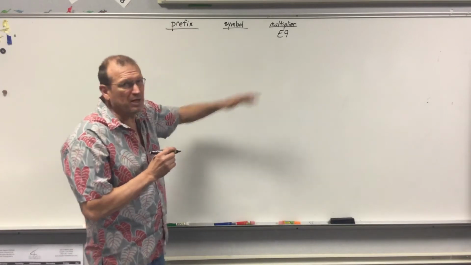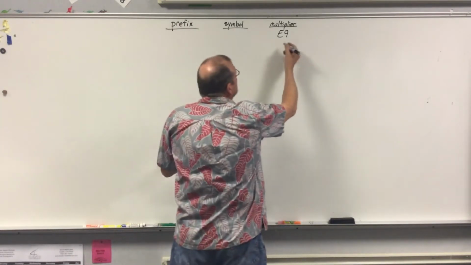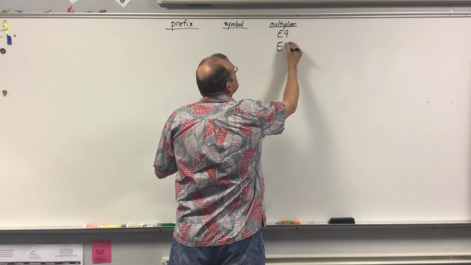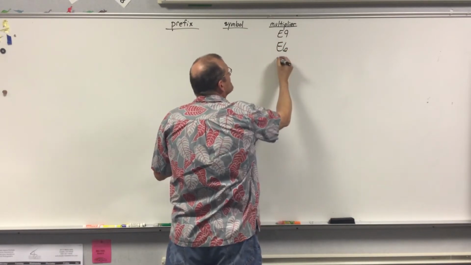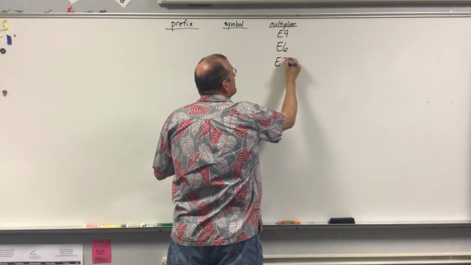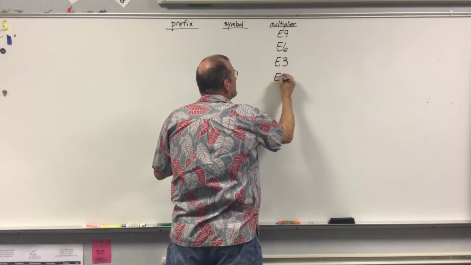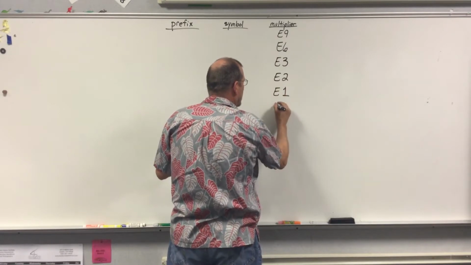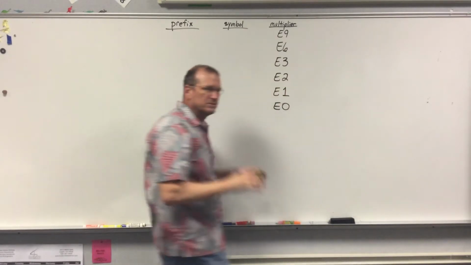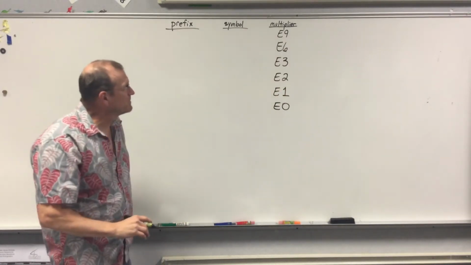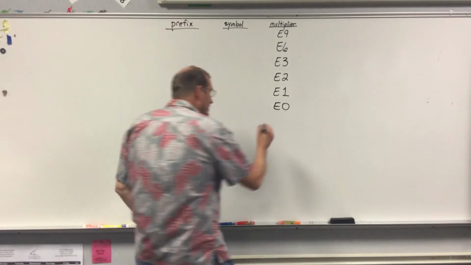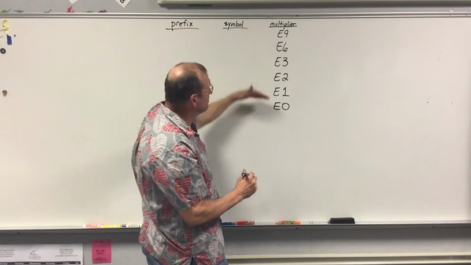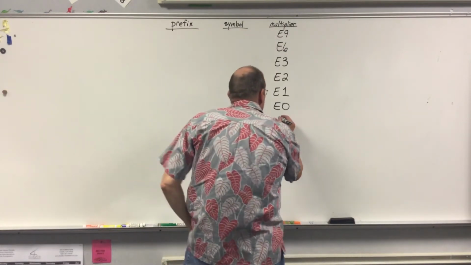So our multiplier list is going to go from E9, and the next one down is E6. The next one down would be E3. Then we have E2, E1, and then we have E0, which is kind of the center of the list. And then from there, we will have prefixes that kind of mirror this, but with negative exponents.